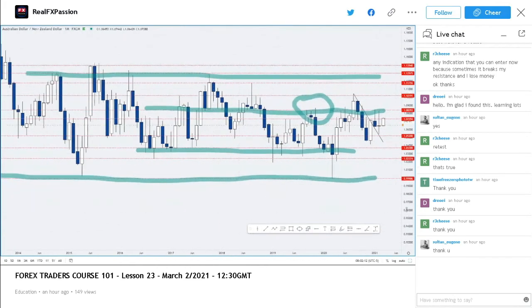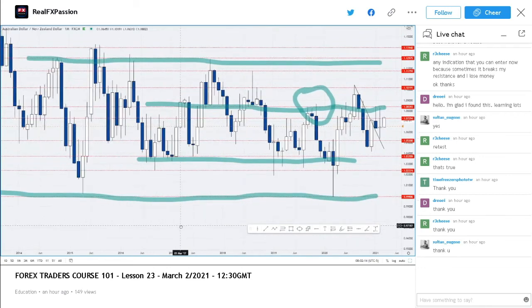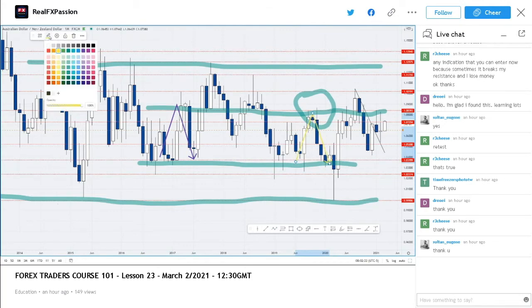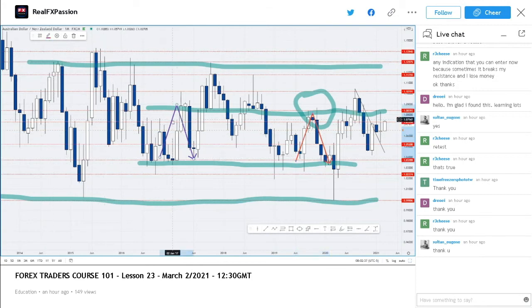So it's consolidating inside the smaller channel too. In here, this would be an example. Hit the smaller band and went down to the lower band, the smaller one. Hit the upper band, the smaller one, went down to the lower band, the smaller one. Can you see, everybody? Maybe the red color, and here the red color too.